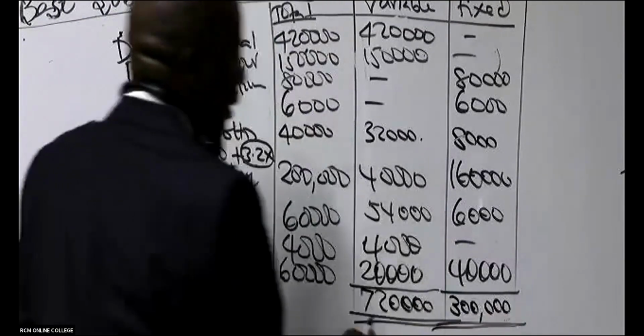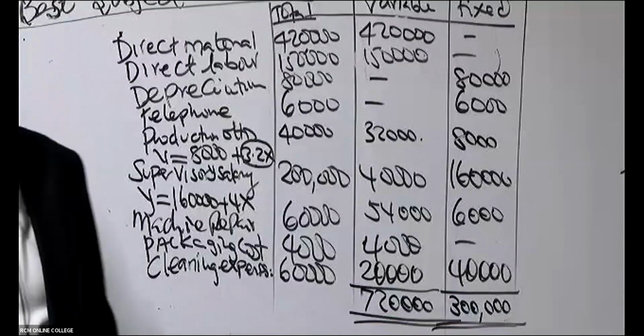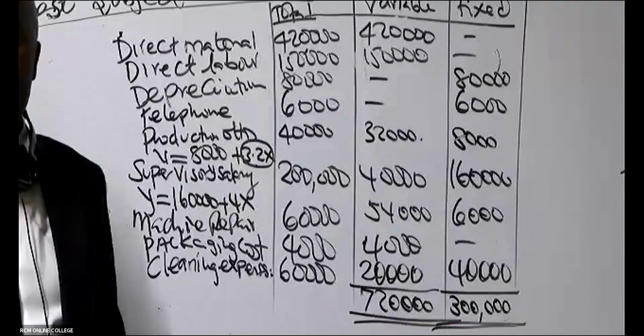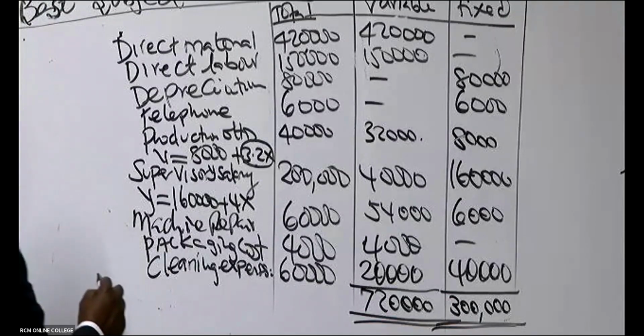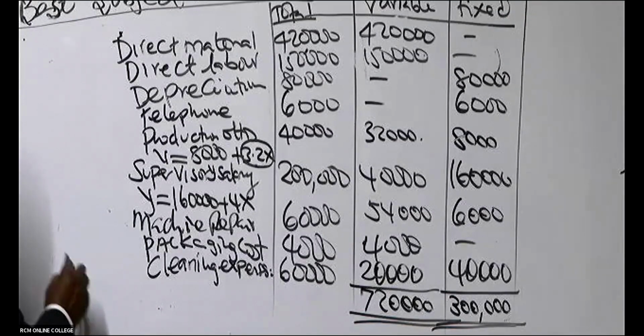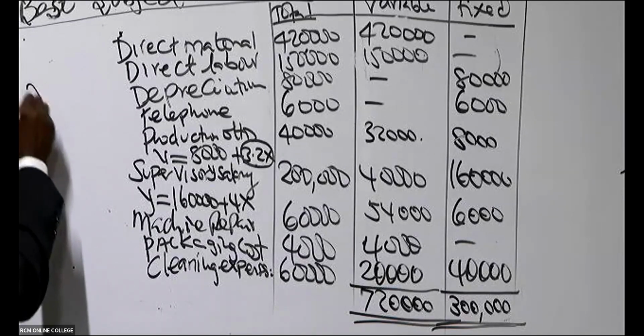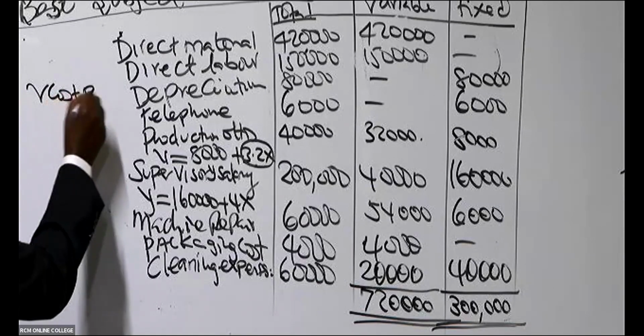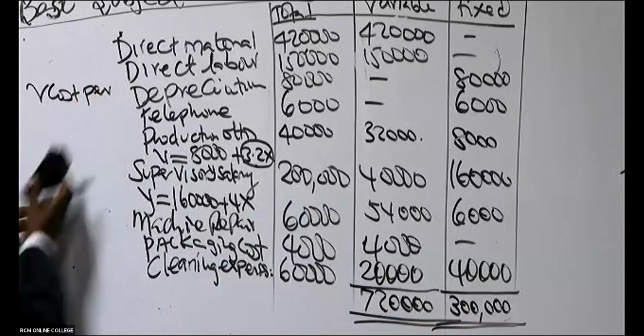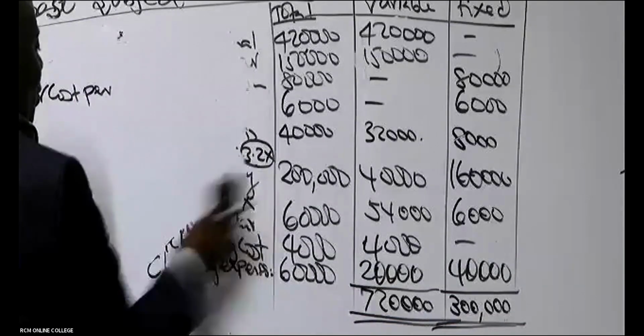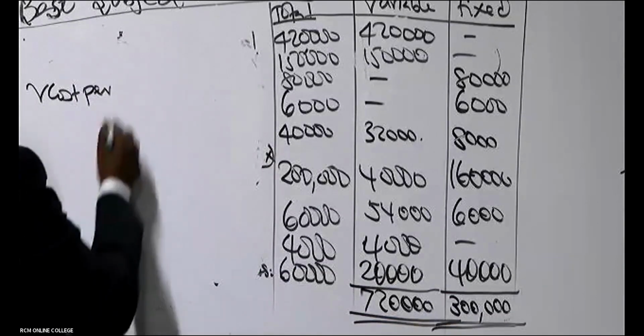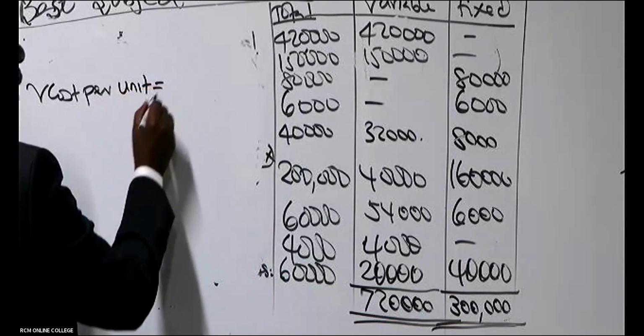Do you remember that for variable cost, you must divide the total by the number of units? So give us variable cost per unit.